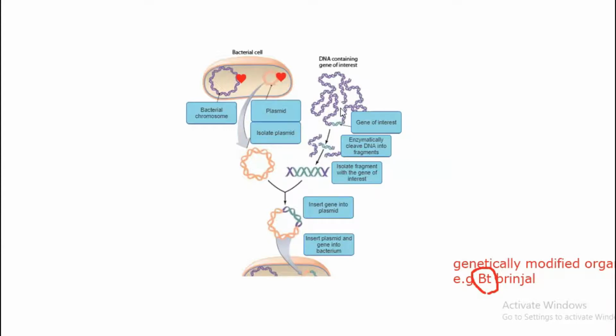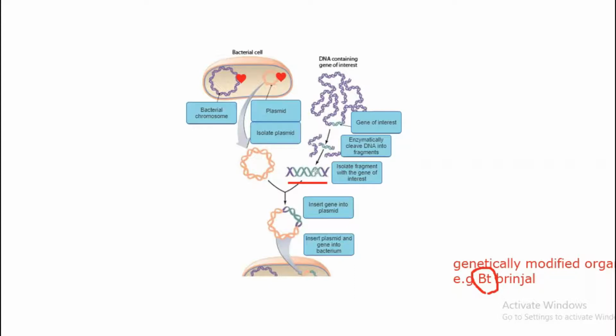First, we have isolated the gene of interest. You imagine a pest resistant gene we are isolating, that is isolated by using enzymes. That isolated DNA is known as the isolated gene of interest.